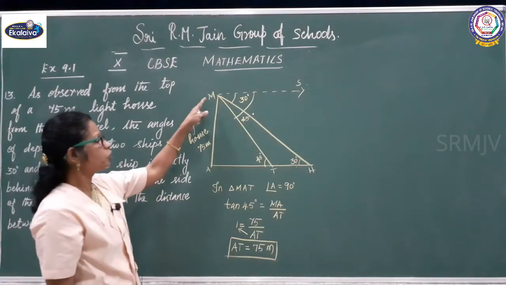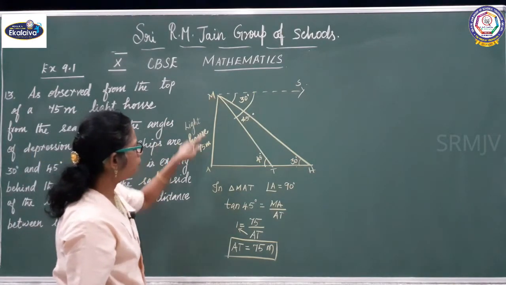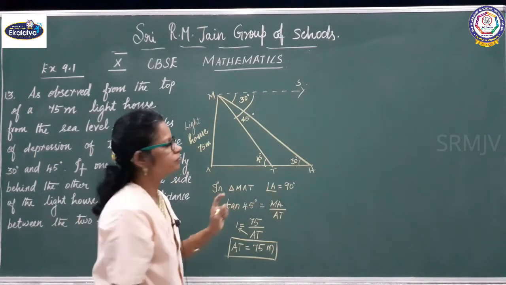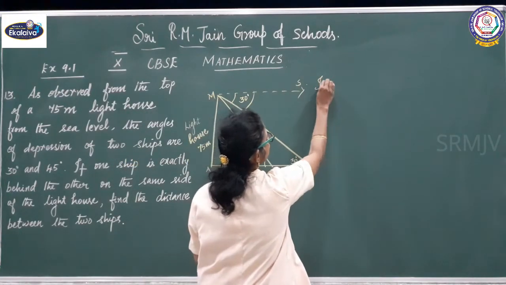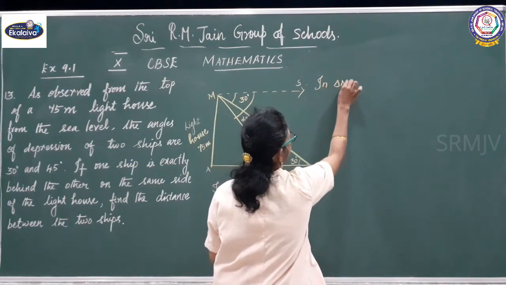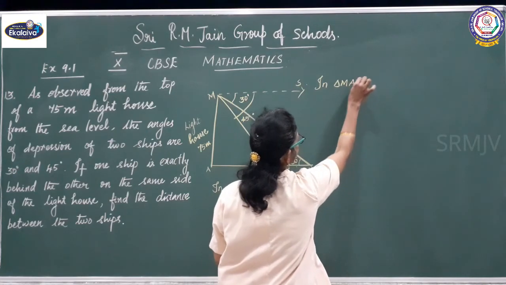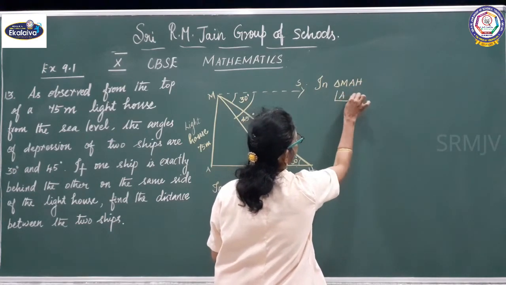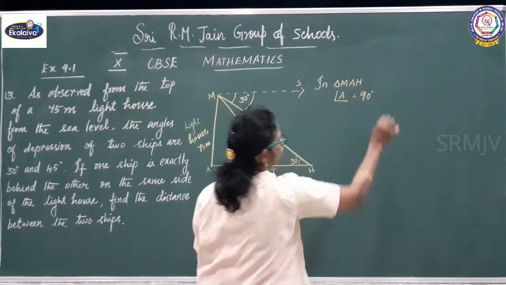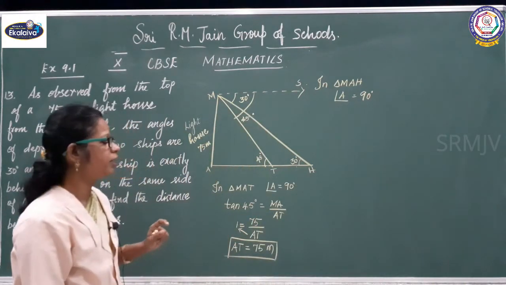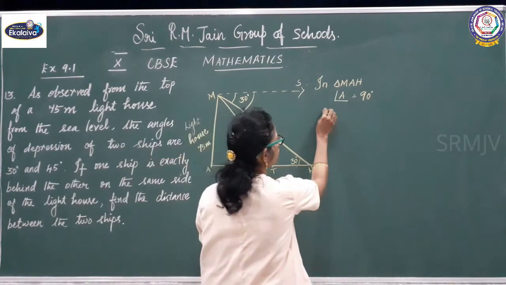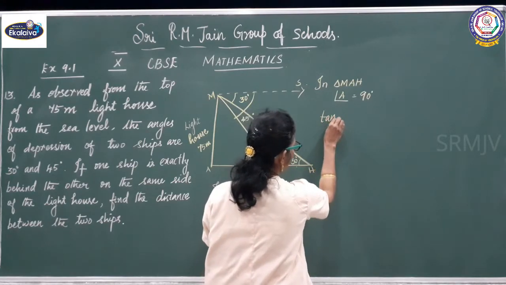Now, pass on to the next triangle MAH. In triangle MAH, angle A equal to 90 degree. Again you are going to take a trigonometry function as tan.